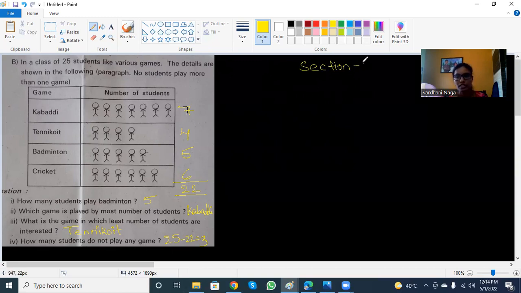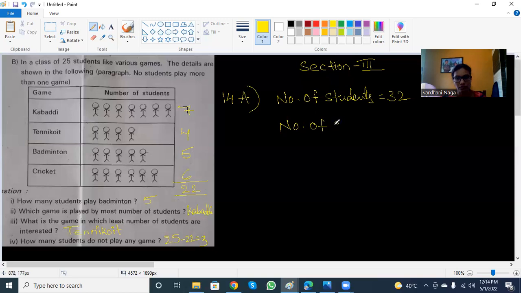Now we will do section 3 one by one, except this. 14th A. There are 32 students in a class, of which 12 are girls. Number of students 32, number of girls 12. Find the first one: the ratio of the number of boys to the number of girls.